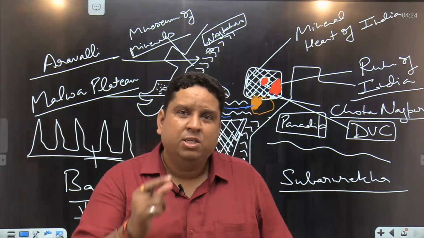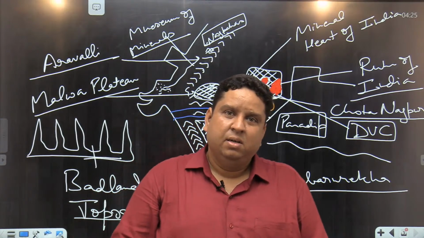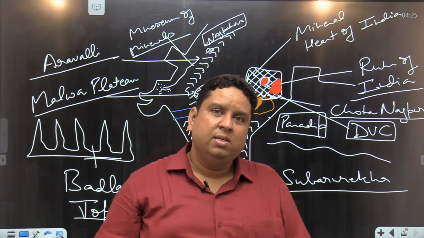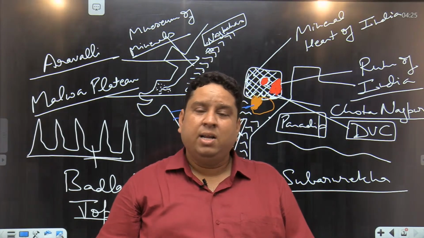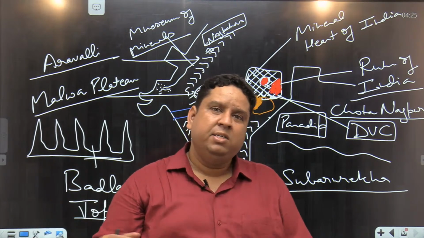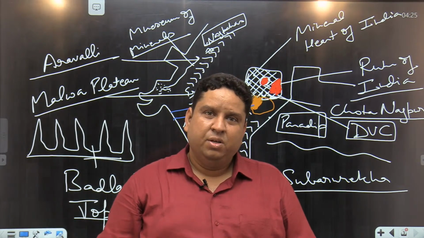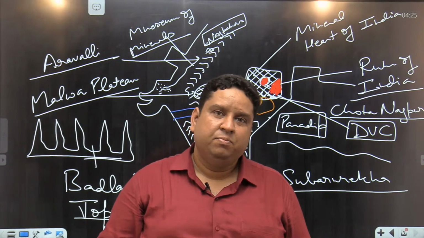The specialty about this flower is that it blossoms once in 12 years. Recently, it blossomed last year, so it attracted lakhs of tourists from around the region. So these are the endemic species of Western Ghats.